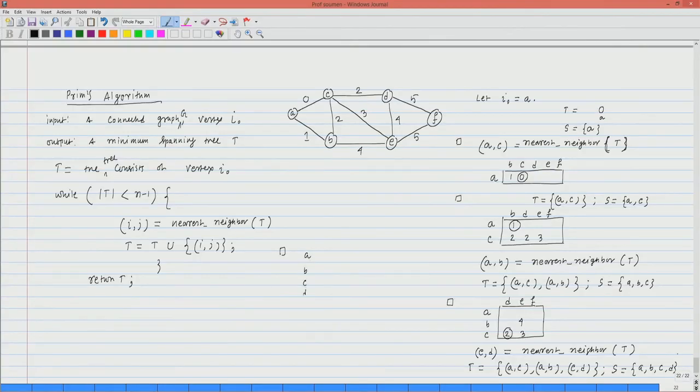A, B, C, D is in one part, and S complement is this. So, if you write it in the form of table, then what you get is that you have E and F in the other side, and you can see that the minimum one is CE definitely.